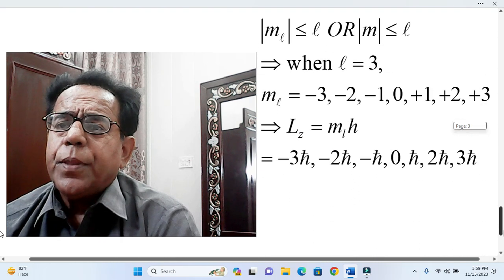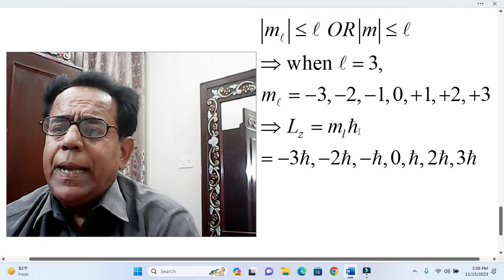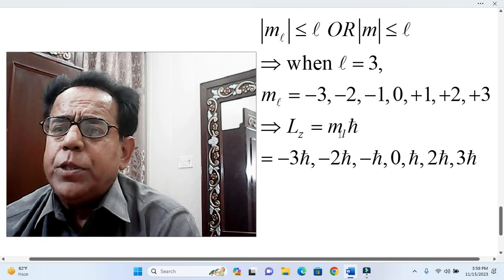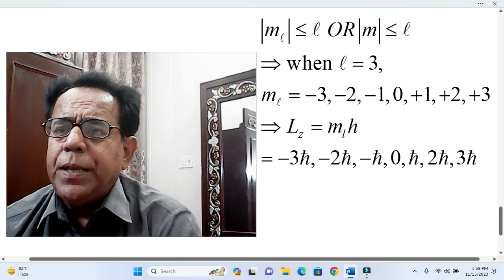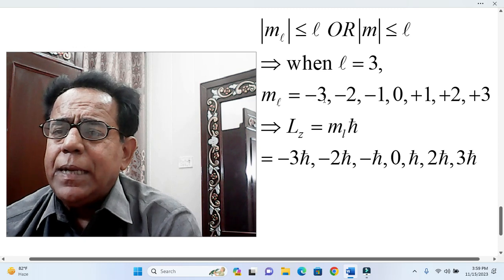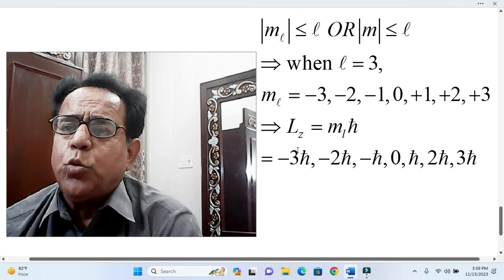So when L equal to 3, we are dealing with this. LZ is equal to ML H bar, and we have found the values of ML in this step. So with each ML value we will write H bar.